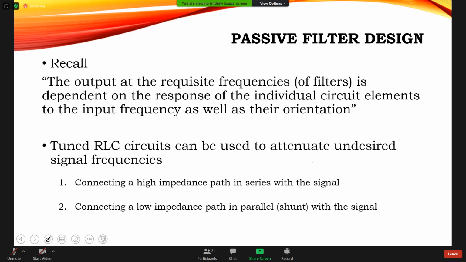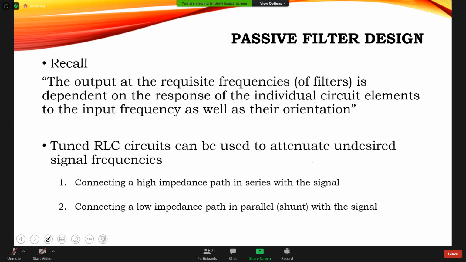This point is important. In writing it, make sure you underline to highlight the importance of the point being made. In using tuned RLC circuits to attenuate, note, it is to attenuate the undesired signal frequencies.